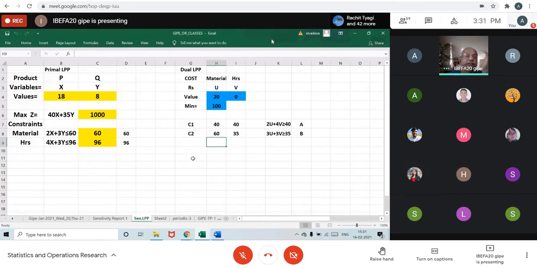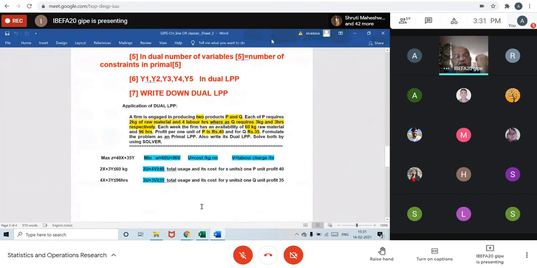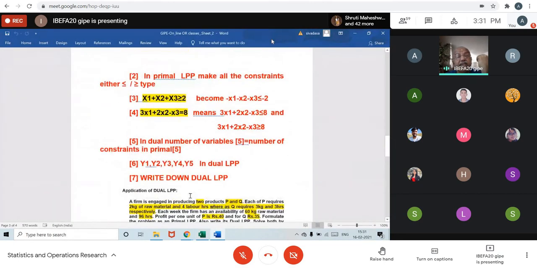Now, therefore, whenever you are going to have an LPP, both primal and dual you can do. Now, yesterday somebody asked me one question. Sir, if the constraint is equal, then what to do?